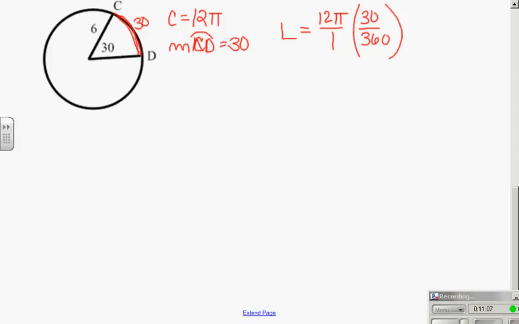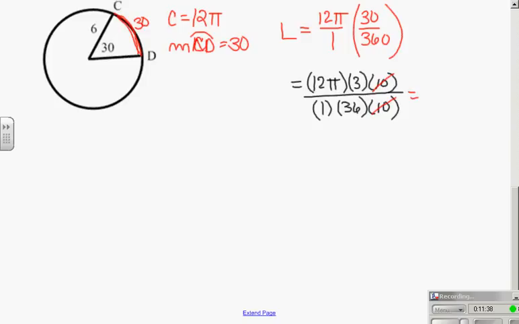Now, before you reach for your calculator, I'd rather you think about handling fractions. Remember, we can cancel fractions by figuring out common factors, because 5 divided by 5 is 1, 10 divided by 10 is 1. So this is really 12 pi times 3 times 10 over 1 times 36 times 10. I just broke 30 into 3 times 10, and 360 into 36 times 10.